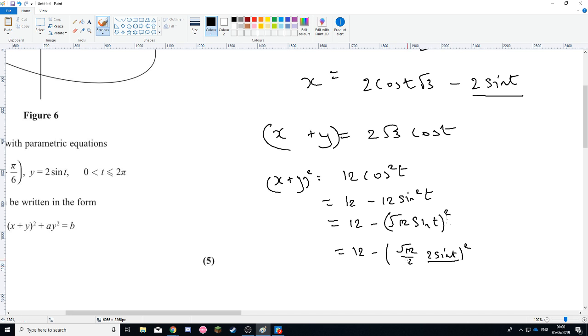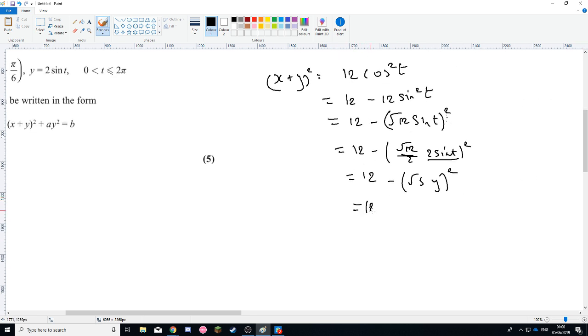So 2 sine t, that's y. Now what's root 12 over 2? That better be nice. It's not, is it? Oh no, it's gonna get squared. Oh, that's fine. Root 12 over 2 is root 12 over 4. That's root 3 y squared, which is 12 minus 3y squared.